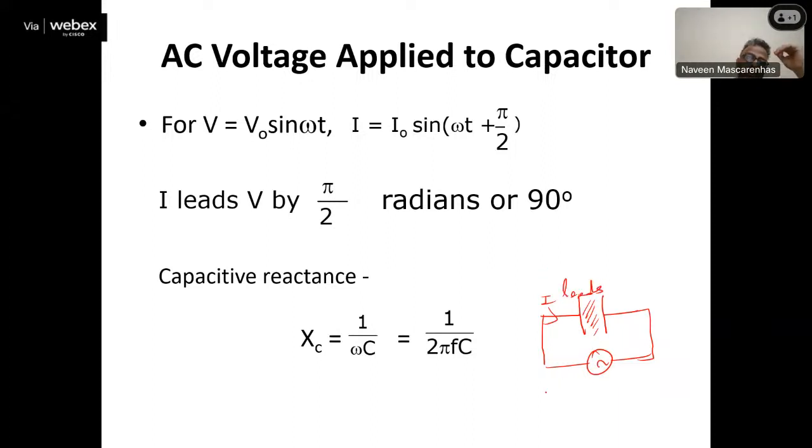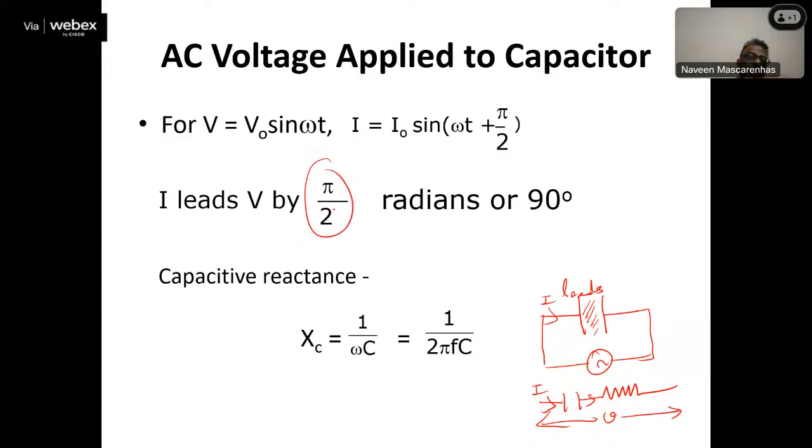So whenever you find a capacitor, let's say there is a resistor across this, you should be confidently saying that the current through the circuit, which is the same through resistor and capacitor at any instant, is it lagging or leading the applied voltage? The answer should be a bold leading. Current leads. So what angle?